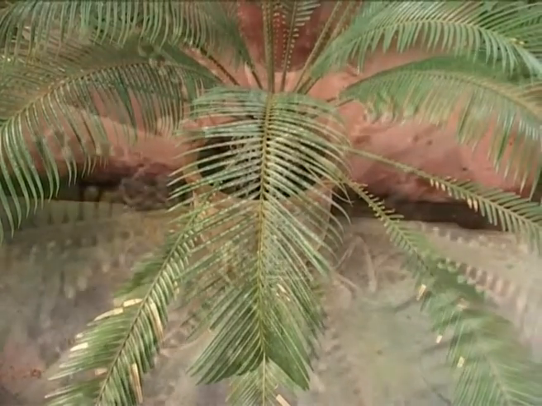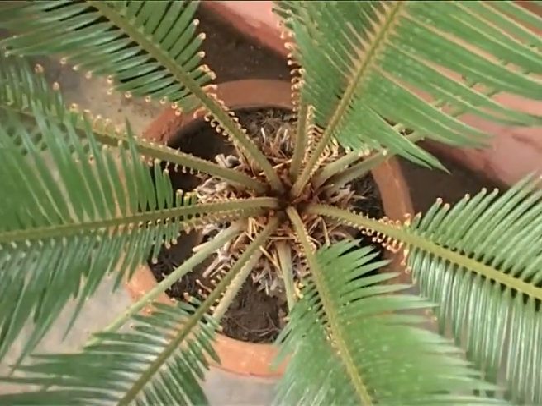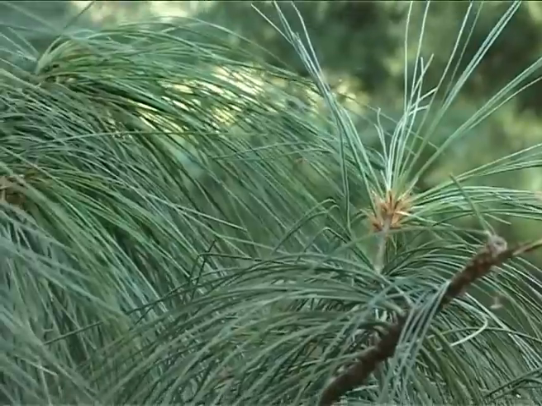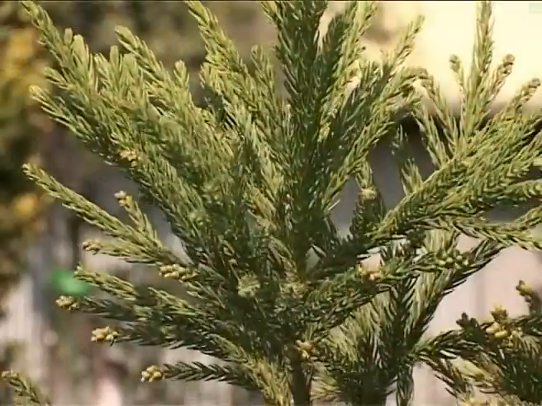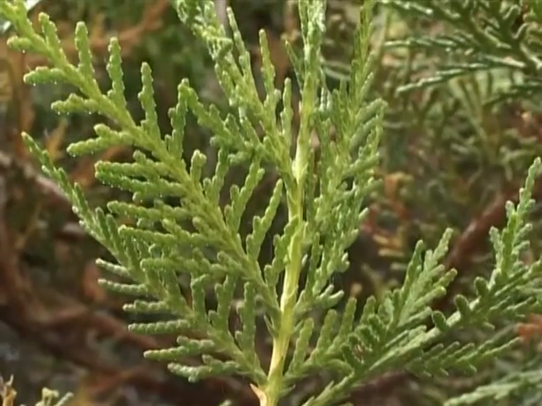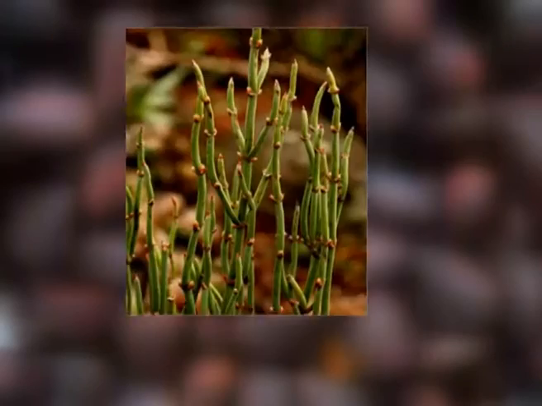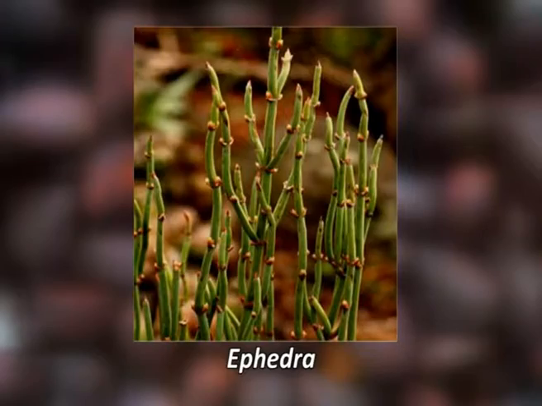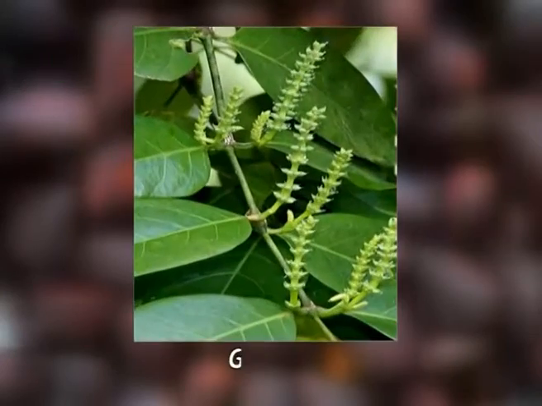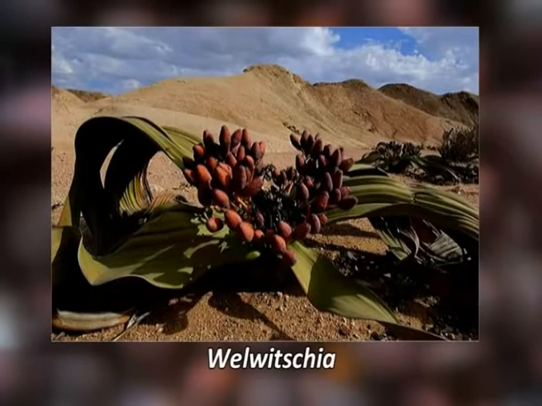They may be large and pinnately compound in cycads, simple needle-like in many conifers, small and flat in Araucaria, scale-like in Thuja and Ephedra, fan-shaped in Ginkgo, flat and pinnate in Gnetum, and very large in Welwitschia.